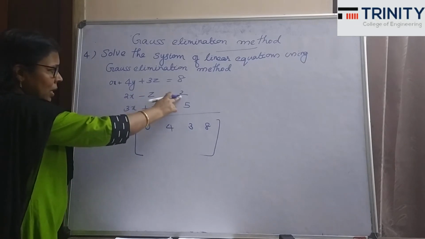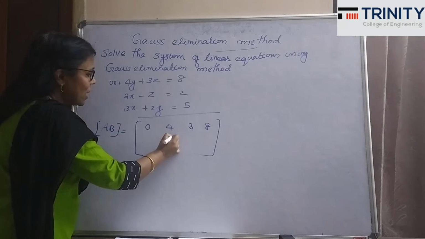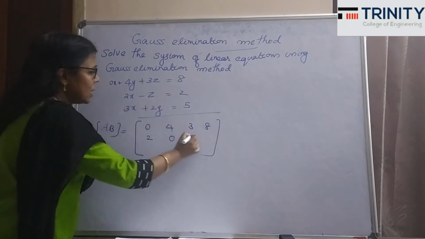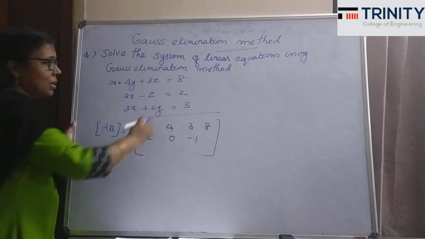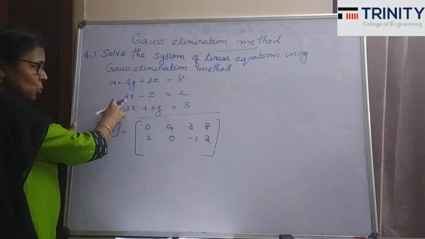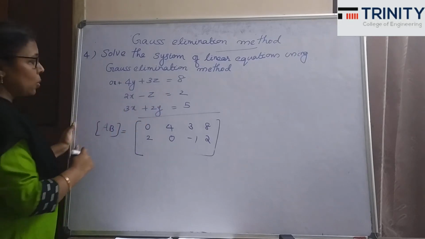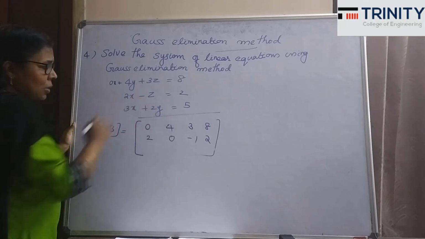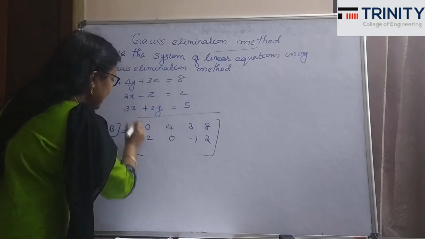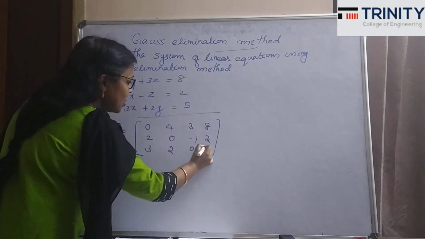In the second equation no y, that is 2, 0, minus 1, 2 as second row. In the third equation, no z, that is 3x, 2y, 0z equal to 5.